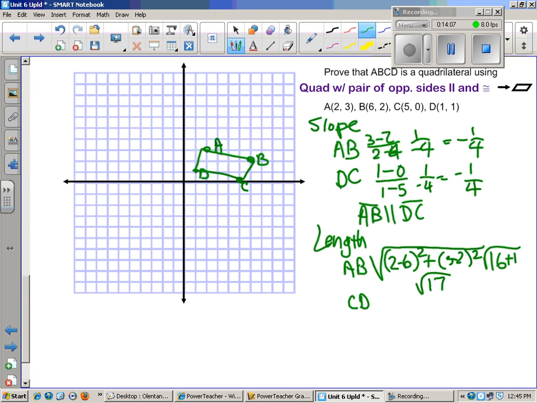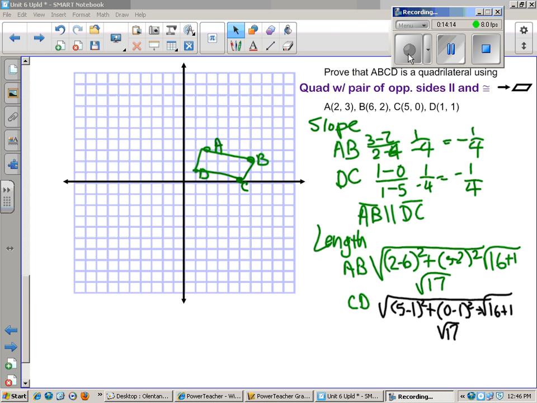We okay so far? Take a second and calculate the length of CD. Right, so now I need a statement. If they're congruent, then what? Here's my calculations. Now I need a statement. Why did I do that? Right.